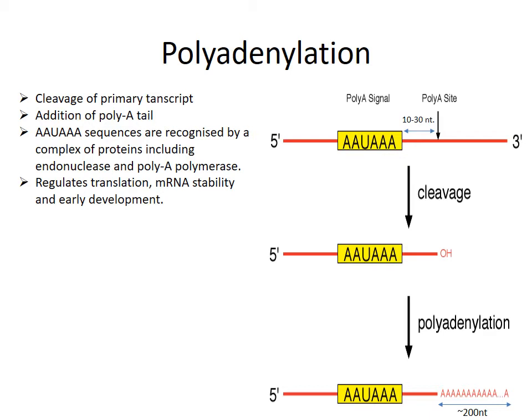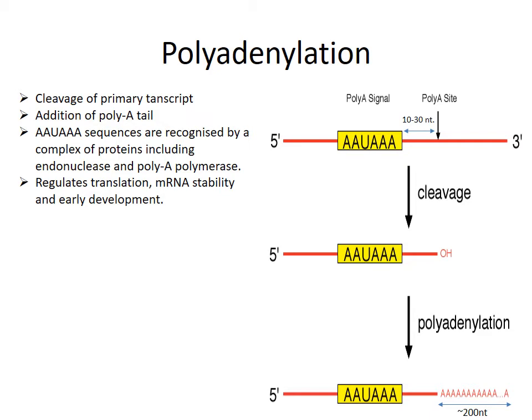For example, many mRNAs are stored in unfertilized eggs in an untranslated form. These untranslated forms have short poly A tails, approximately 30 to 50 nucleotides long. When fertilization occurs, it stimulates the lengthening of the poly A tail of the stored mRNAs.